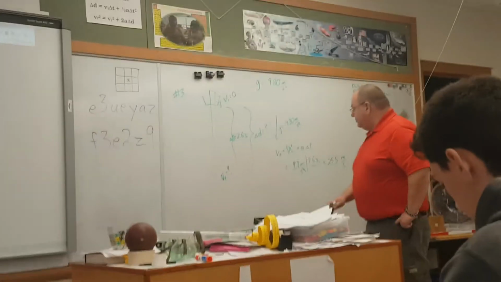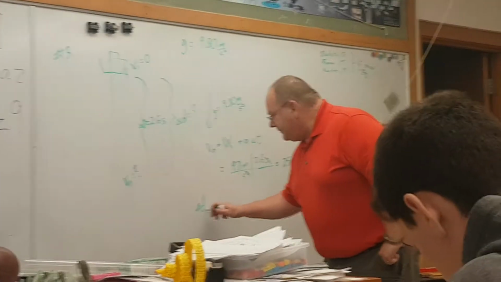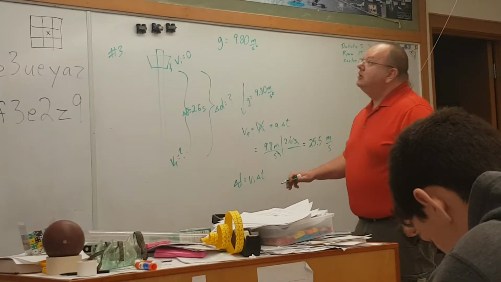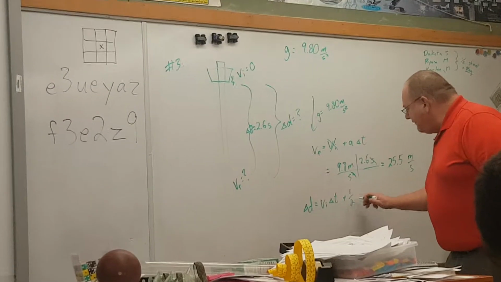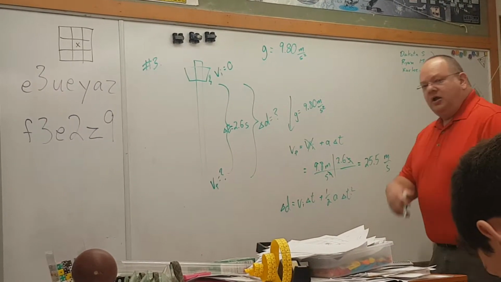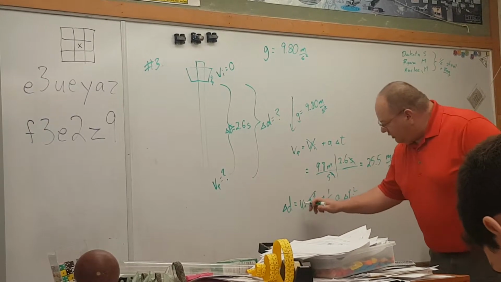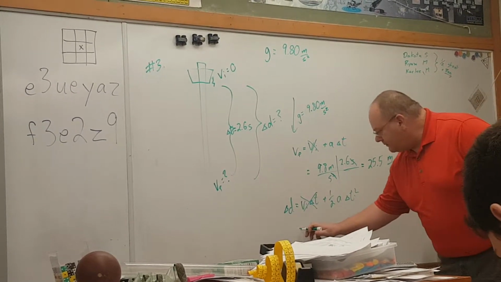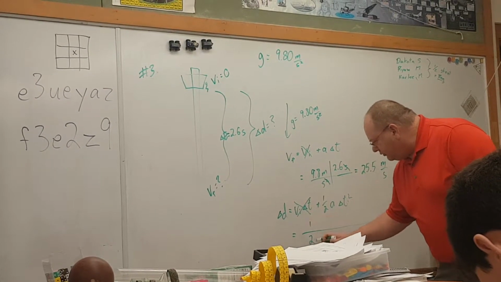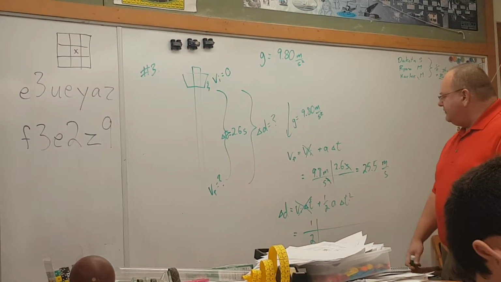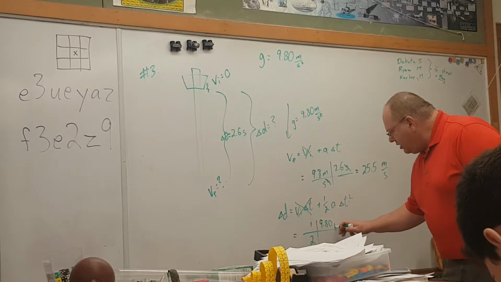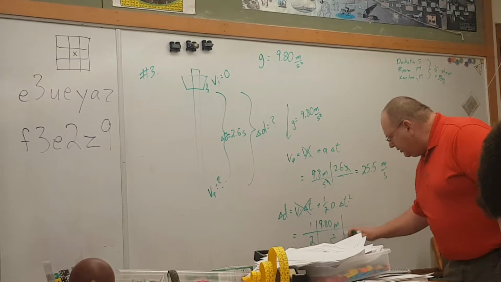Makes sense, doesn't it? Okay, so delta D is VI delta T plus 1/2 A delta T squared. VI was 0, so this whole term crosses off. So 1/2 times A. Well, A is actually G, 9.80 meters per second squared.